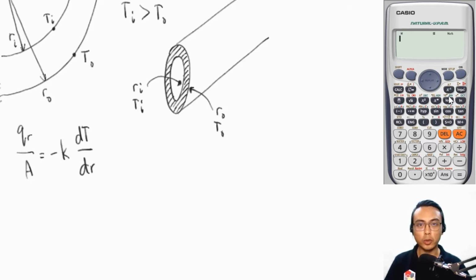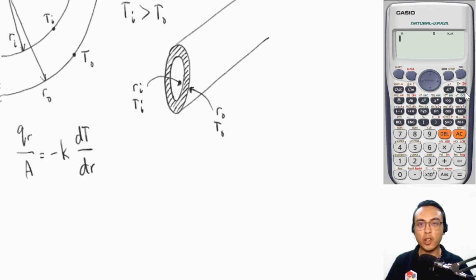Now, all we have to do is to integrate this expression with respect to r, and then we will have an expression for the heat transfer. However, before we do that, we first need to define what is the area being pertained to in this equation. This area we are describing here is the perpendicular area to which heat is being transferred. So if heat is being transferred in the radial direction, the area that we are pertaining to here is the surface area of the pipe.